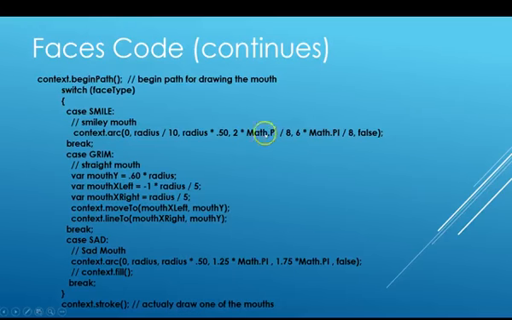So we move so far around from the east, begin the mouth, draw it up to so far around for the second parameter, and that gives us that, okay? And then the mouth is set, let's see, so 0 is the x-axis, so that means it's centered horizontally, and then radius divided by 10 means it's a little bit below the center.